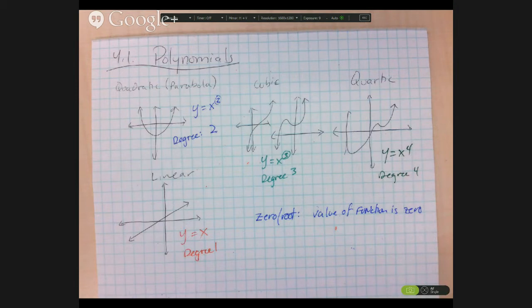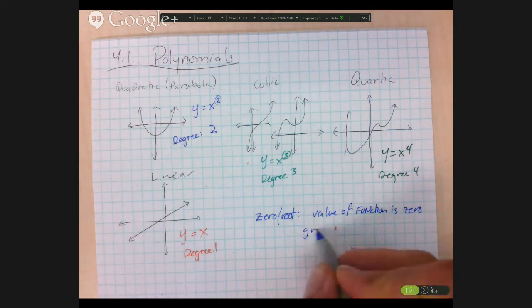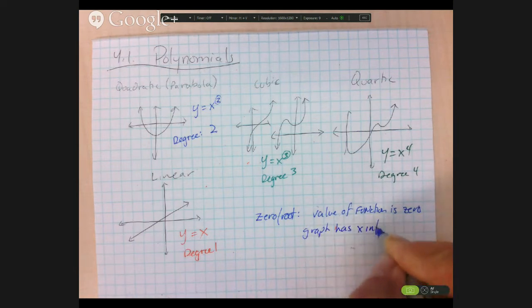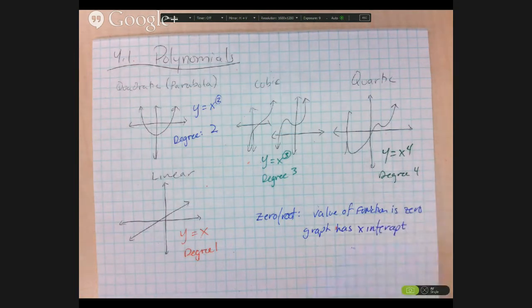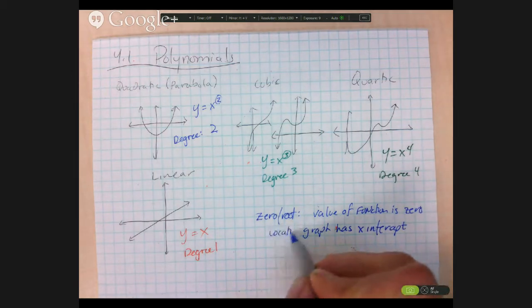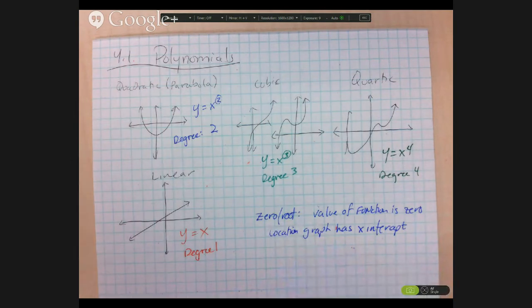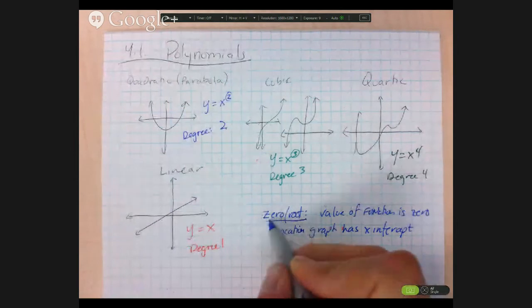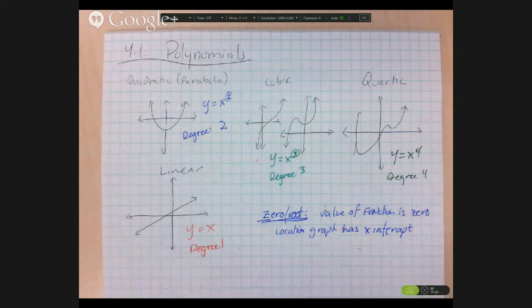I'll show you an example here in a minute. The graph has an x-intercept. Okay, that'll be the location. Oh, I didn't know it was that bad already. Are we in for another fun week with functions? Woo! Right. Okay.